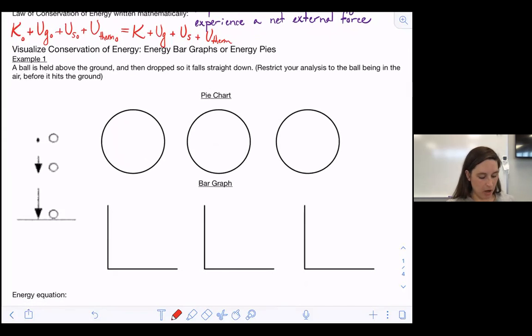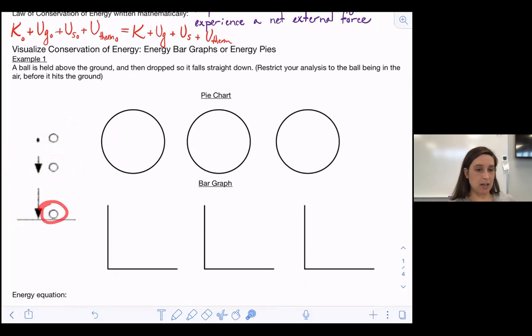Here we have a ball that is held above the ground and then it drops so that it falls straight down. And we've got three different parts of this motion that we're going to be interested in. We're going to be interested in right after our hand leaves the ball. We're going to be interested at some time during the fall.